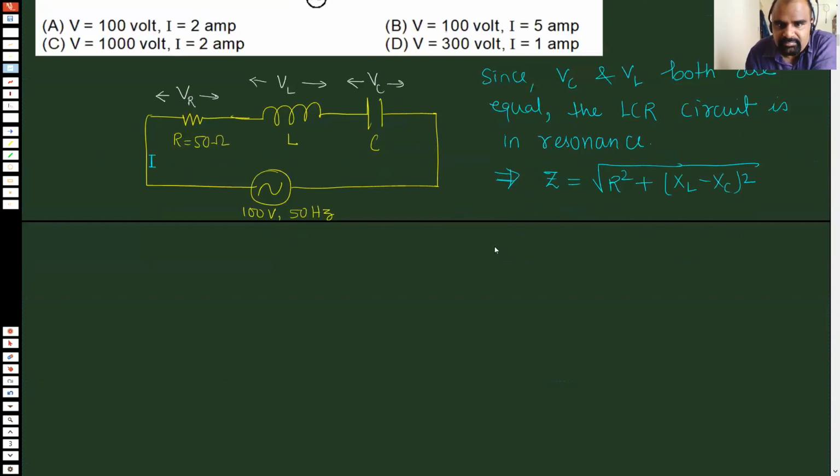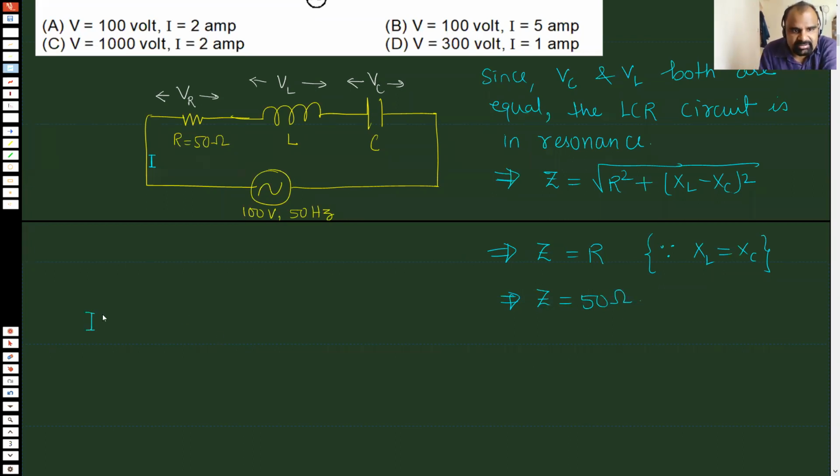So the impedance is only R, which is 50 ohm. What will be the current? The current is the source voltage upon impedance, so that is 100 volt upon 50 ohm. That means 2 ampere. So we know this current.